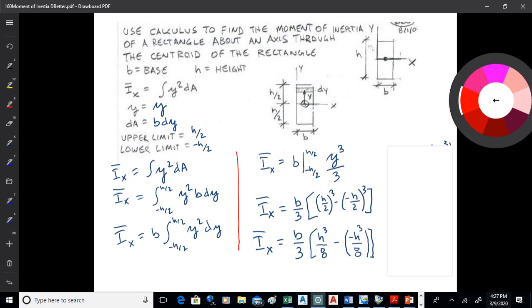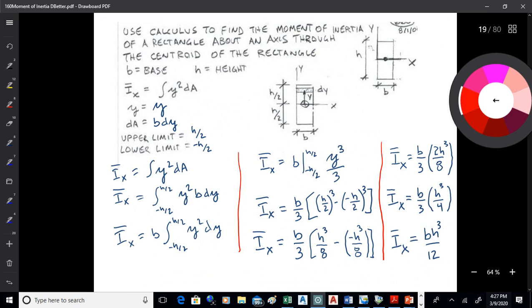All right, so now we have to work with fractions a little bit, if you remember doing all that. H cubed over 8 minus a negative h cubed over 8 is 2h cubed over 8. So that becomes h cubed over 4 times b over 3, which is bh cubed over 12. So that's the moment of inertia of a rectangle about its own centroidal axis.